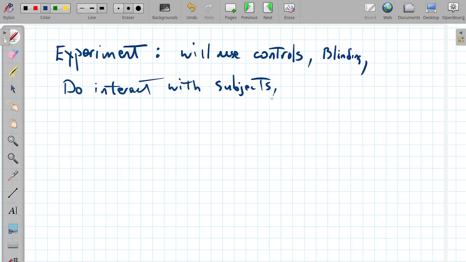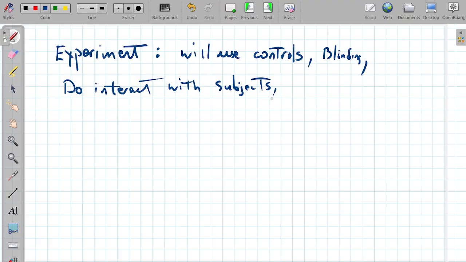And the idea is that if you design everything carefully and try to control as many extraneous variables as possible, you just might be able to say that there's a very strong relationship between the thing that you've been manipulating and the outcome of the experiment. I don't want to say causes. I'm not saying A causes B. I'm just saying that you can establish a strong correlation, and then further research from there may cement the relationship a little bit more firmly.